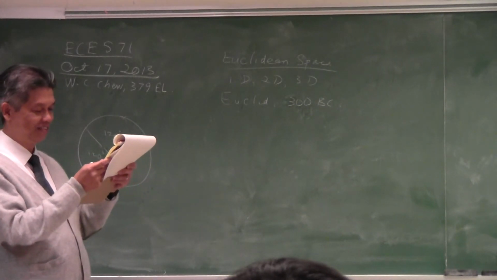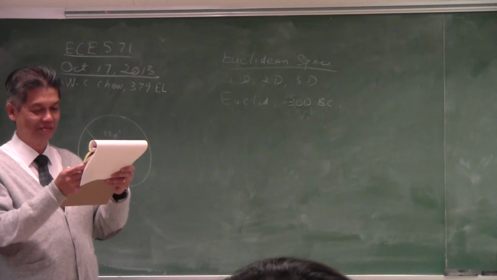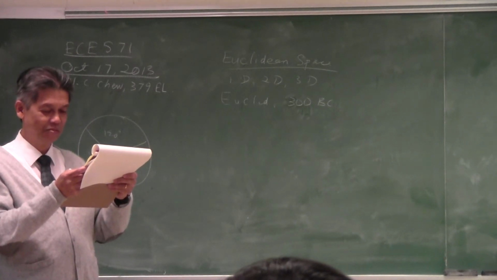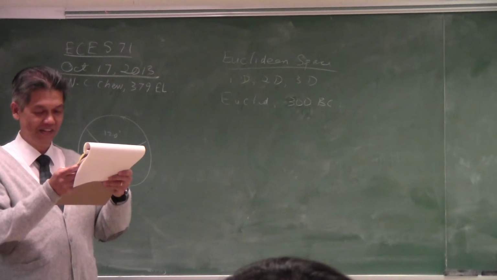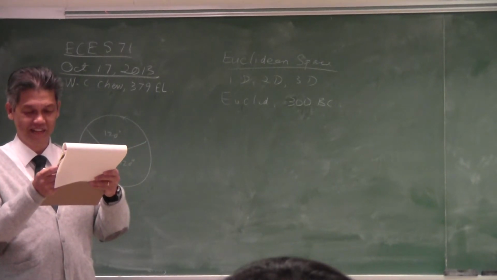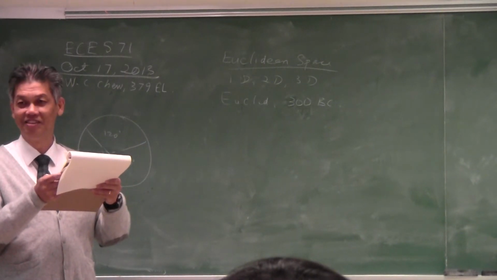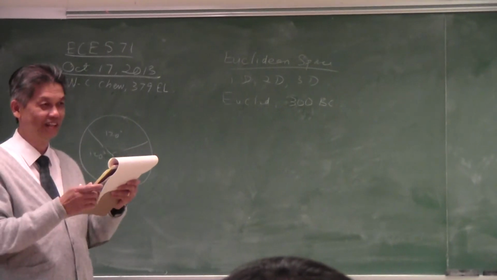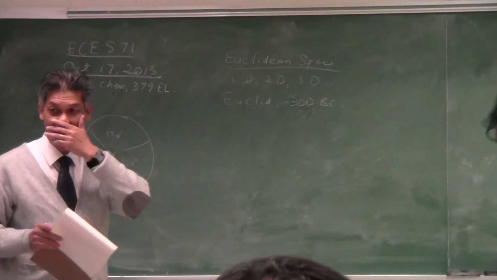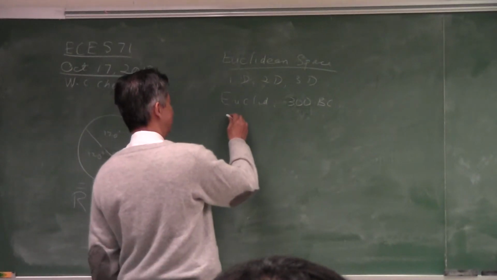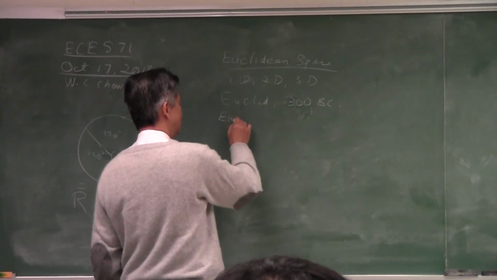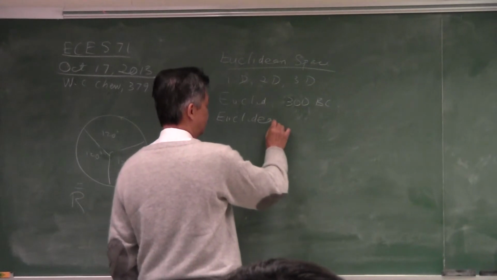And then Confucius lived about 500 BC, and then Buddha lived around 500 BC. Lao Tzu lived around 500 BC, and Pythagoras lived around 500 BC. Okay, so all the people lived around that period. So Euclid lived around that period, and then, of course, from him we have what we call the Euclidean space.